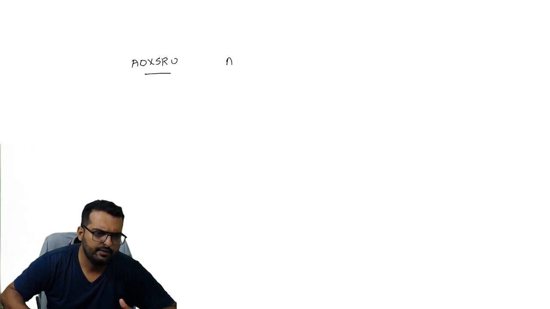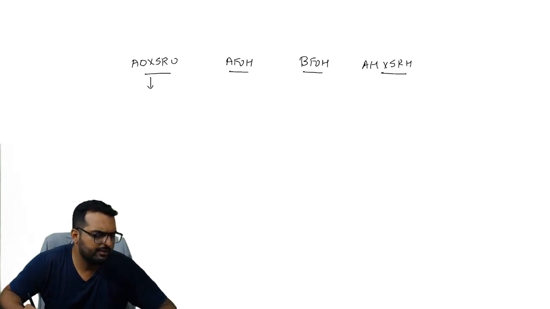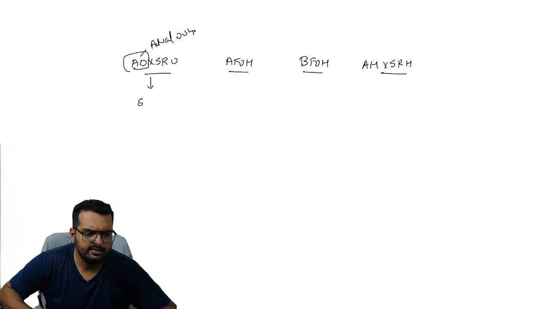First, we'll write AO into SRU. Then we have AFOH. Then we have BFOH. AH into SRH, right? Ashwini, is this standard or is it budget? That is standard. Why? Because it's based on actual output. Am I right? Correct? This is standard.